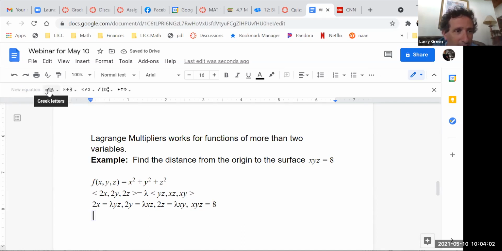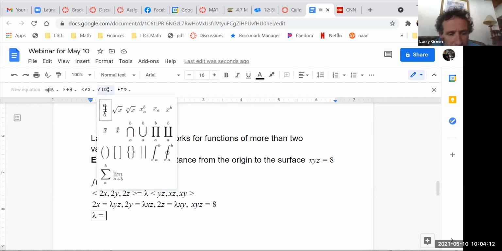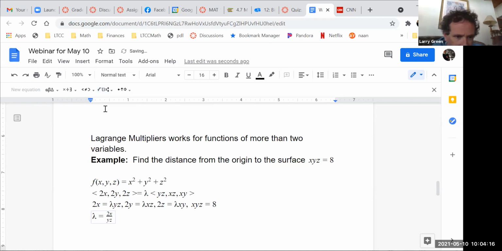So I'm going to say lambda equals 2x over yz, and lambda is also equal to 2y over xz, and lambda is also equal to 2z over xy. Any questions on that?